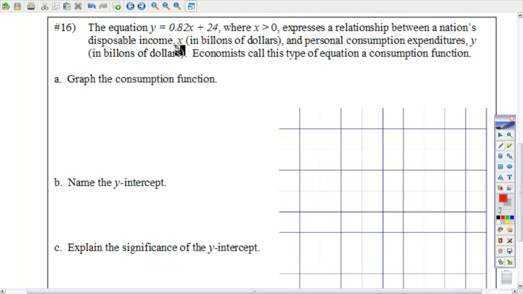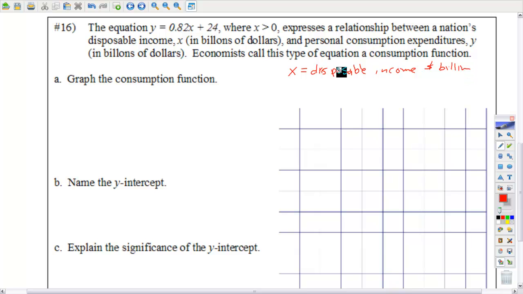The equation y equals 0.82x plus 24, where x is bigger than 0, expresses the relationship between the nation's disposable income, x. So x is disposable income in billions.